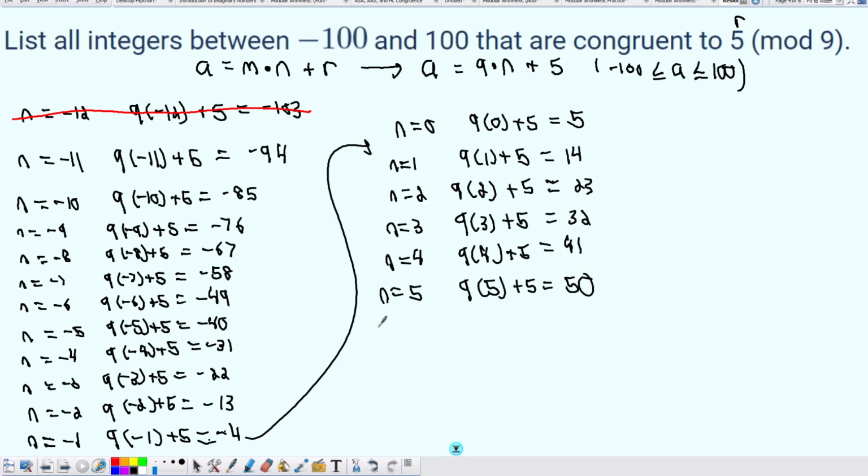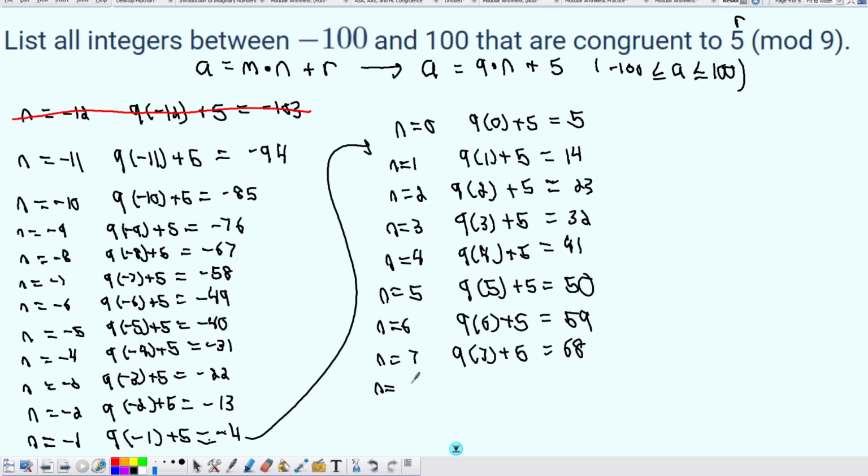N equals 6. So 9 times 6 plus 5 gives us 59. N is equal to 7. So 9 times 7 plus 5 is the same as 68.